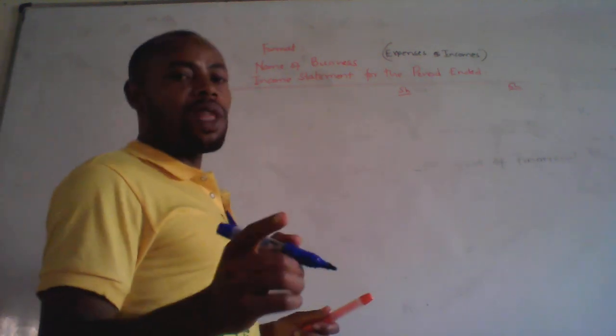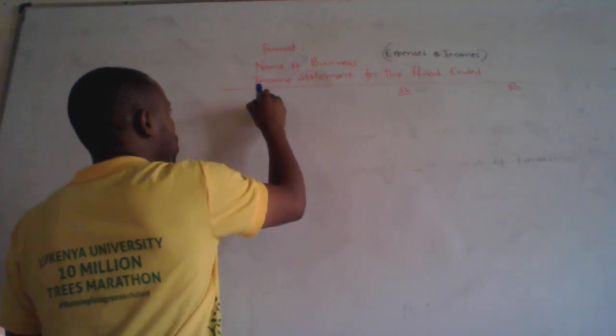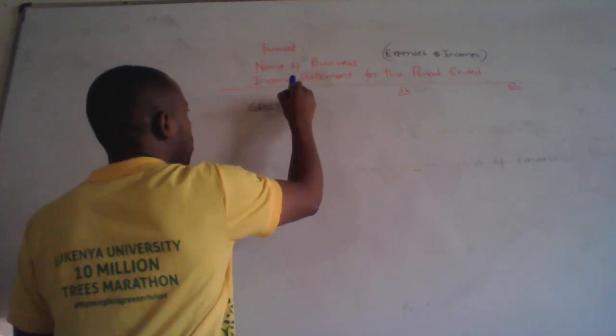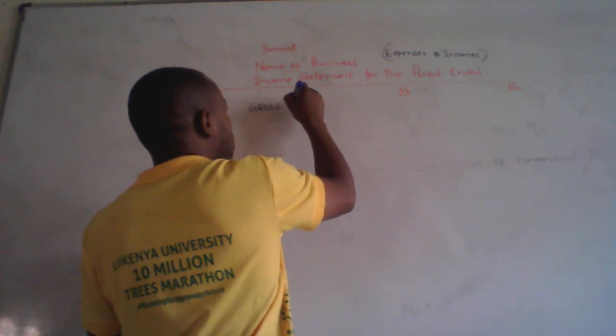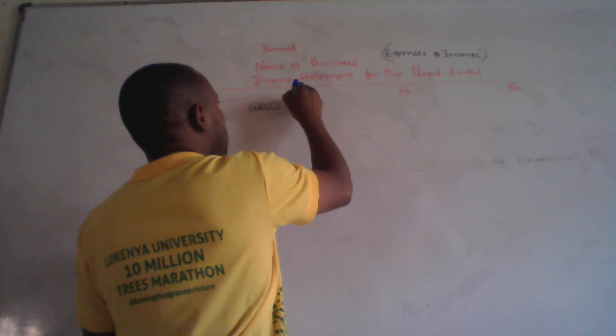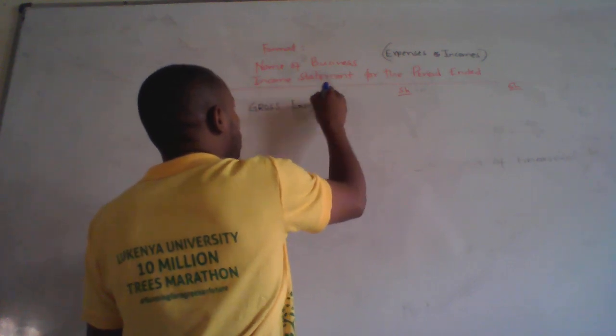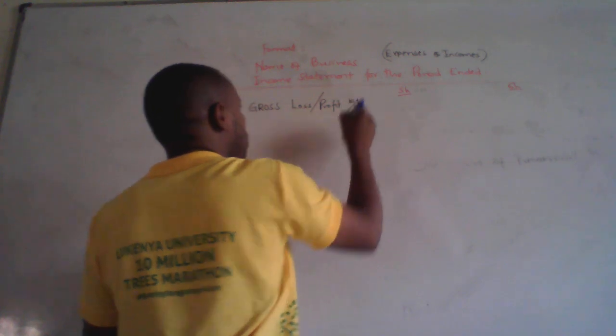So I begin with the first entry. If there was a gross profit brought down, the first entry is the gross results brought down. You can either attain a gross loss or a profit. The gross profit or loss brought down.